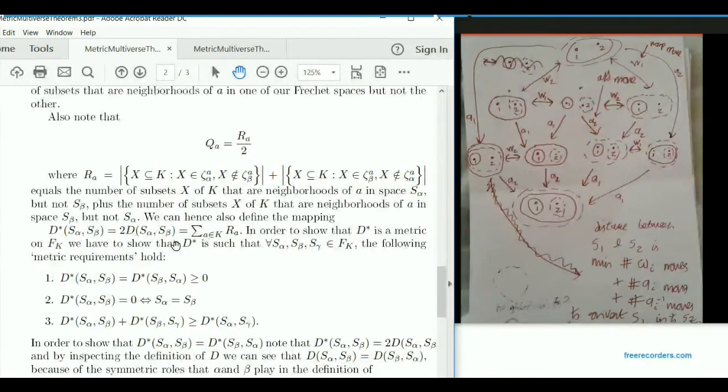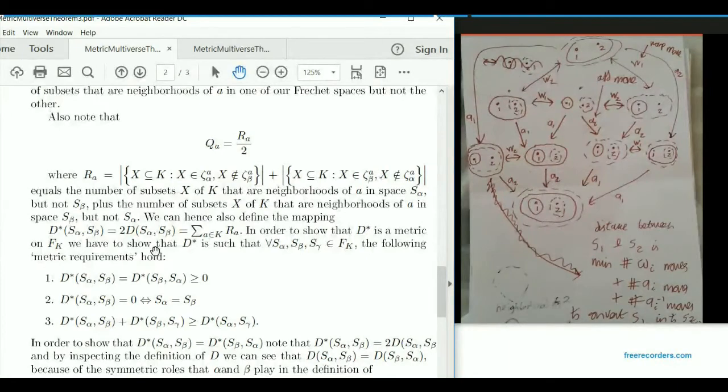For any x belongs to zeta a alpha if and only if x belongs to zeta a beta for any subset x of k and element a of k.